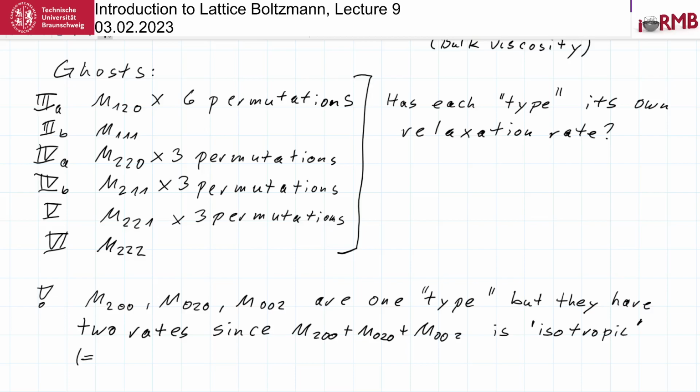And this has a different meaning from the others. So isotropic means invariant under rotation. Okay, so, and this takes us to rotation of moments.